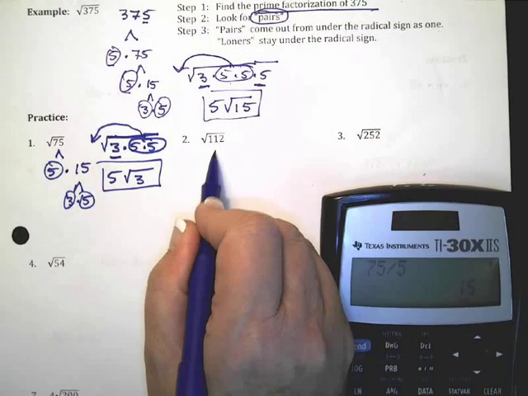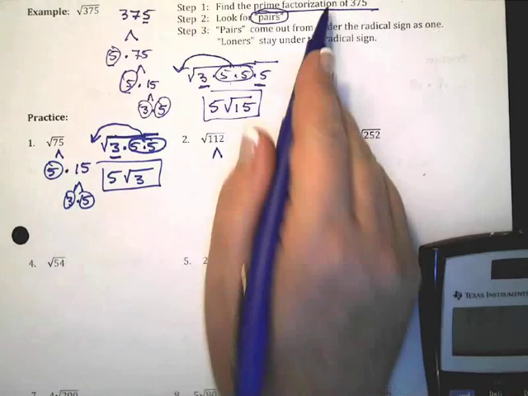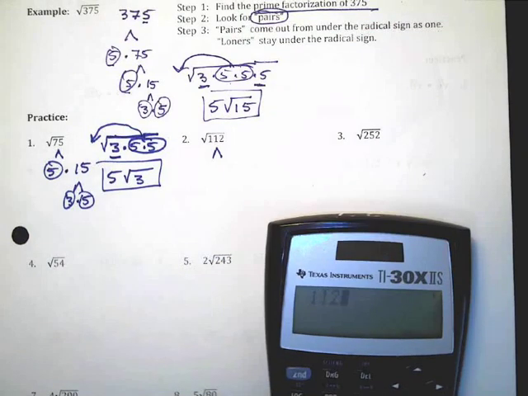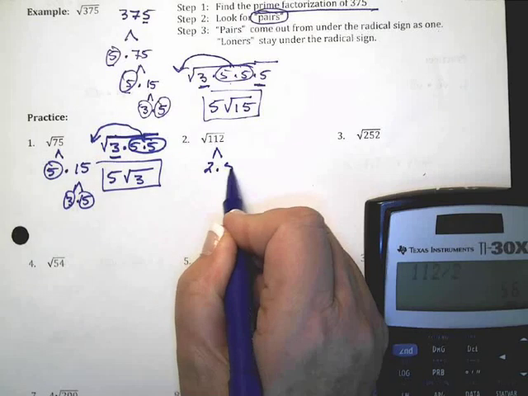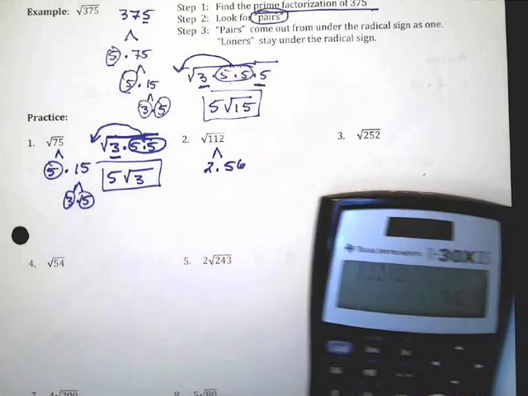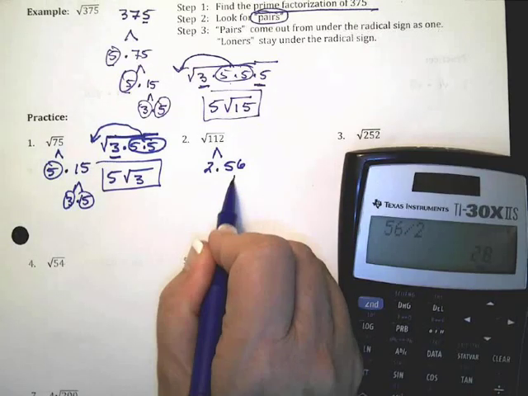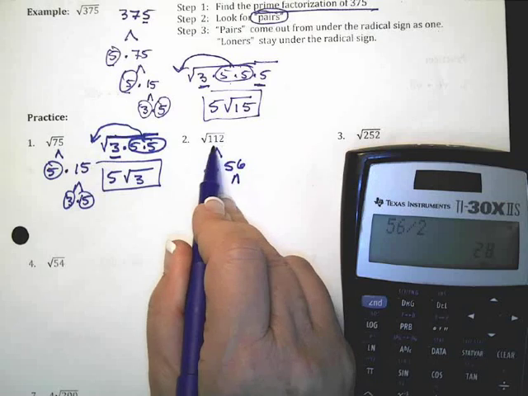Okay, let's take 112. 2 goes into 112 because it's even. 2 goes into 112 56 times. 56 is also divisible by 2. It doesn't matter what you first divide into this 112.